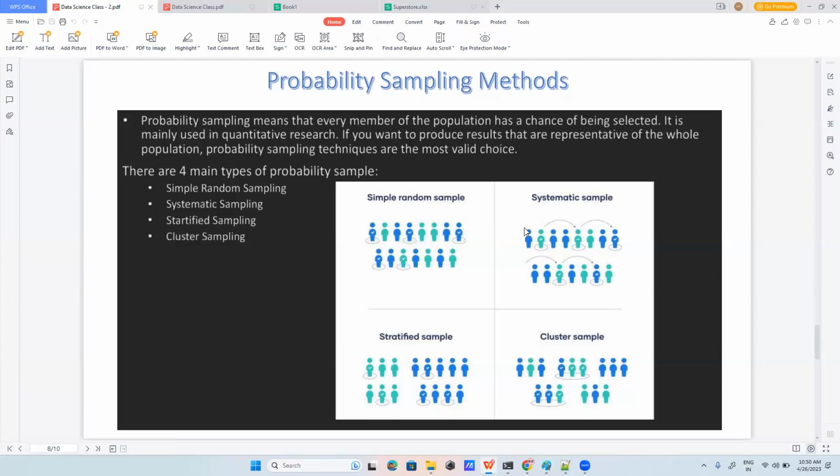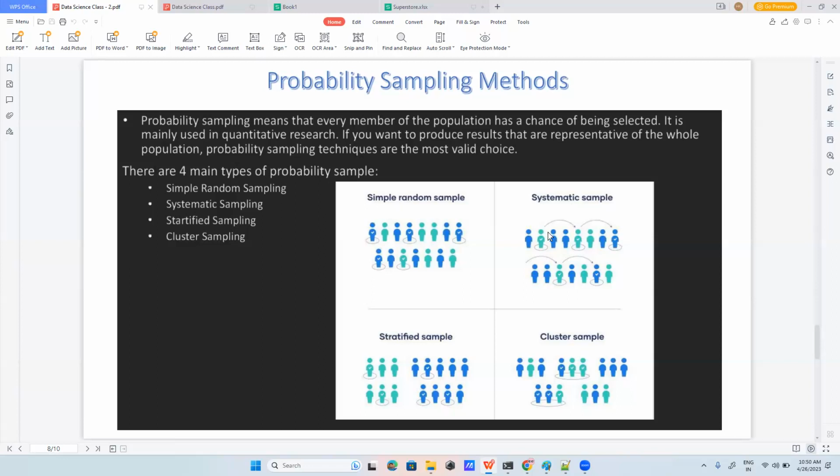You select in a systematic way, but you don't know the age or gender of the person, or which categories of people fall under the systematic order.